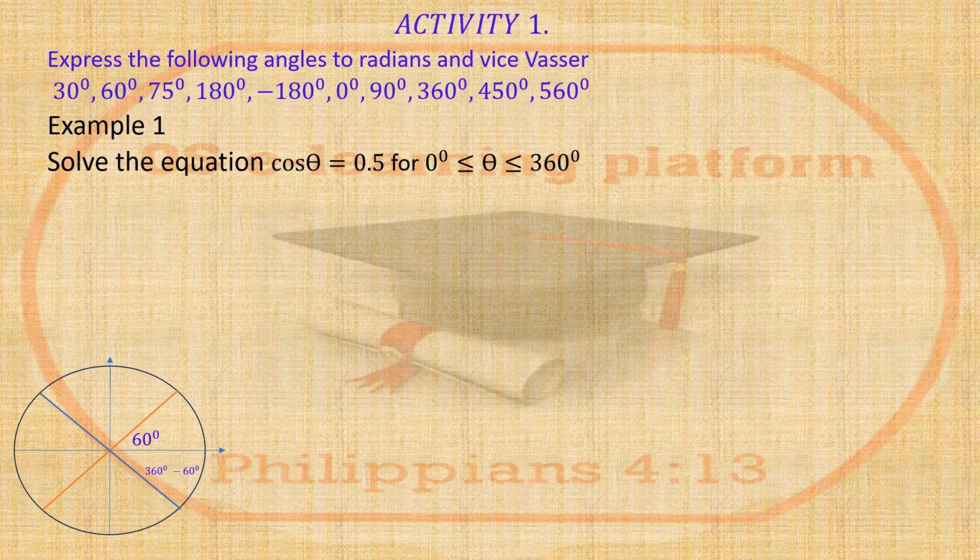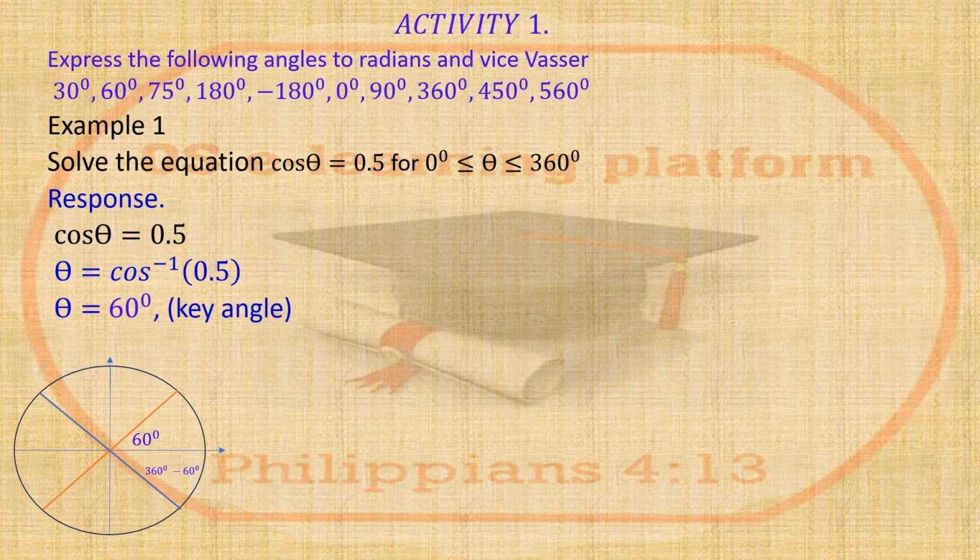However, if it was just less than 360, then we do not include these angles, the 0 degrees and the 360 degrees. So the expected response, what I will do is I will take the cos inverse of 0.5, press in my calc, I get 60 degrees.